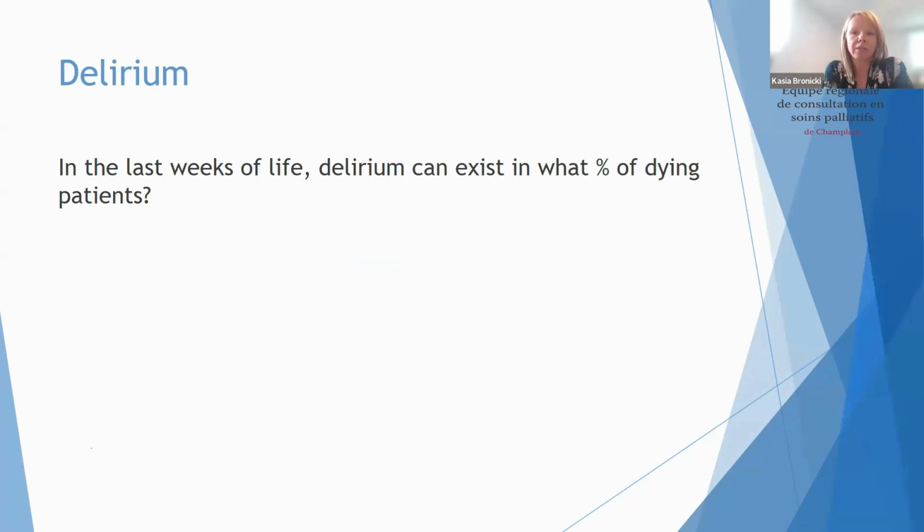So delirium is common at the end of life, and especially in the final weeks of life. Does anybody know what percentage of dying patients, dying residents, dying individuals may experience delirium? I know this question was asked in a previous presentation.